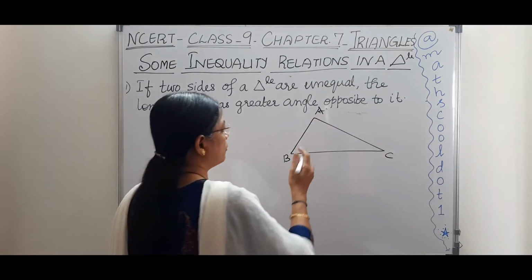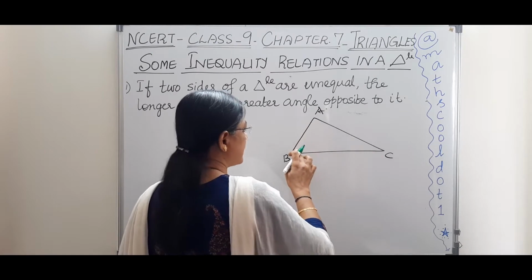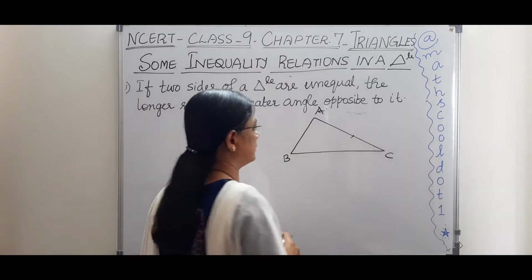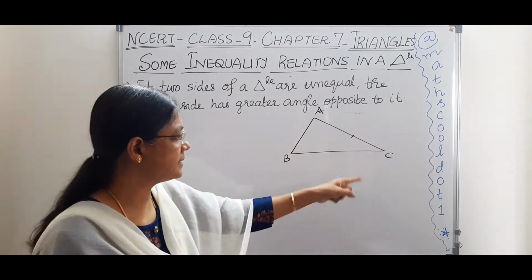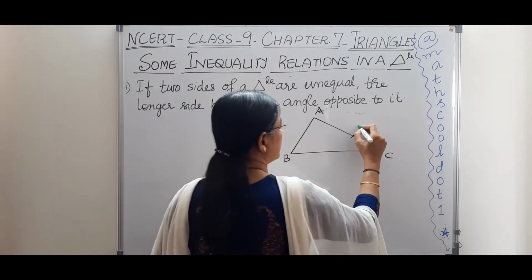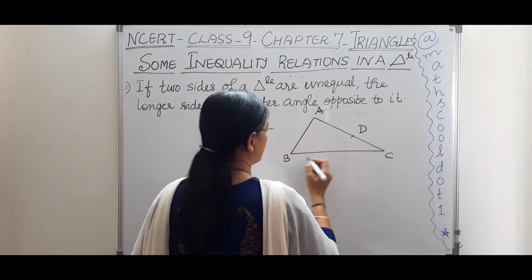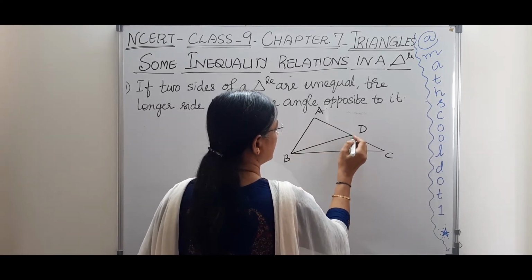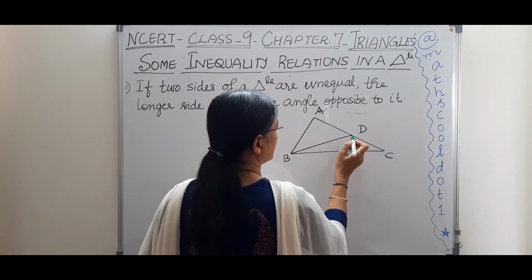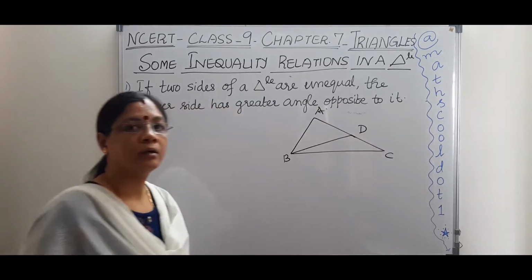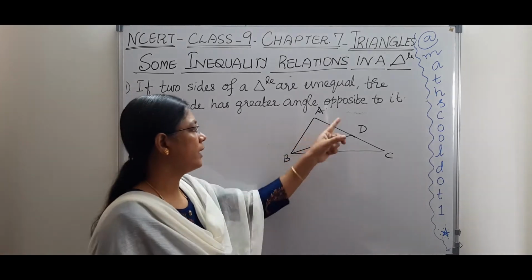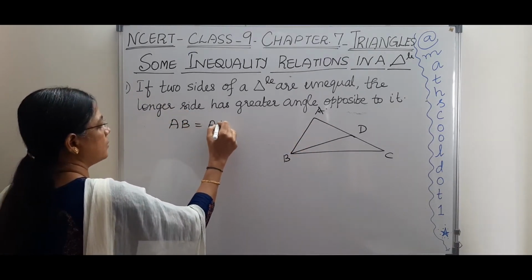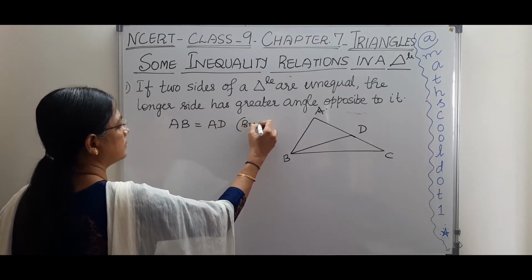Taking AB to be the shorter side, on AC I mark a point D such that AB is equal to AD. Now I join BD. By construction, AB is equal to AD.